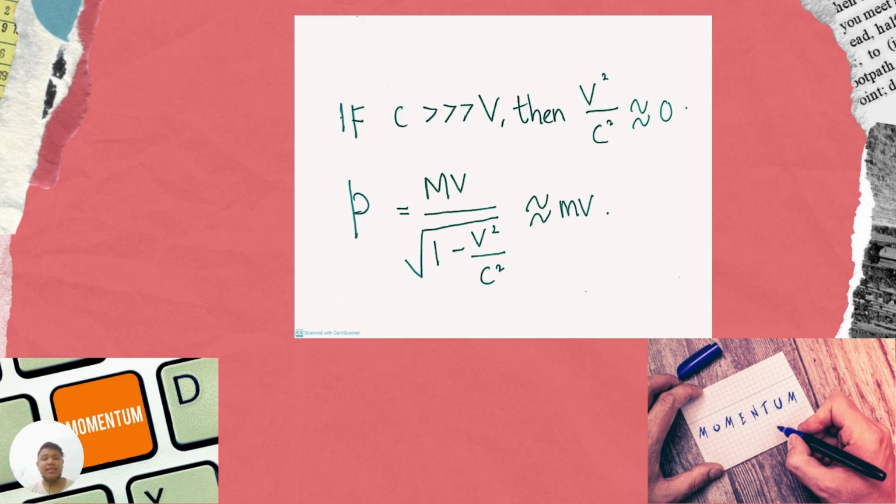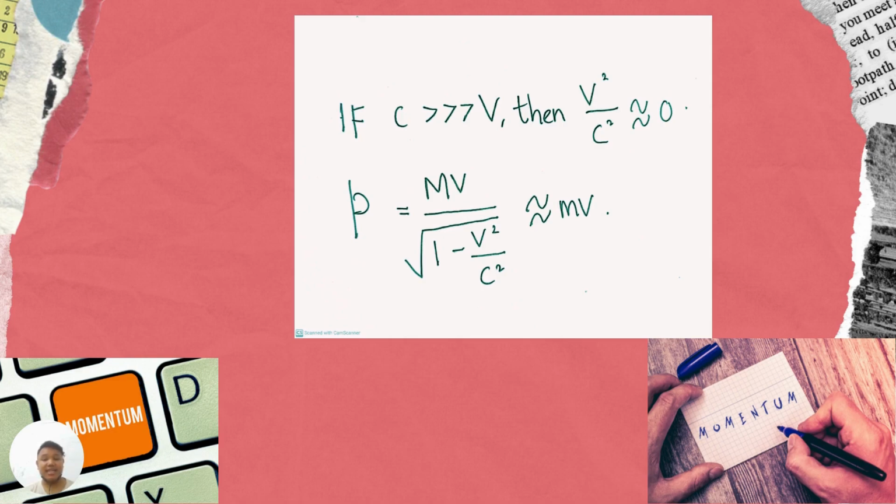So if the velocity of the object is much smaller than the speed of light c, then p is approximately equal to mv divided by 1, or simply m multiplied by v.